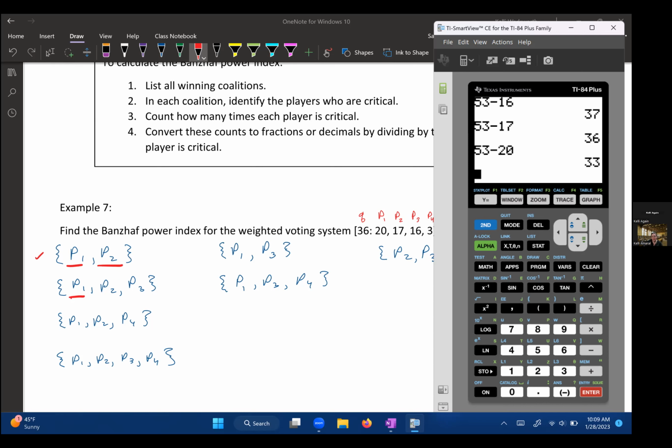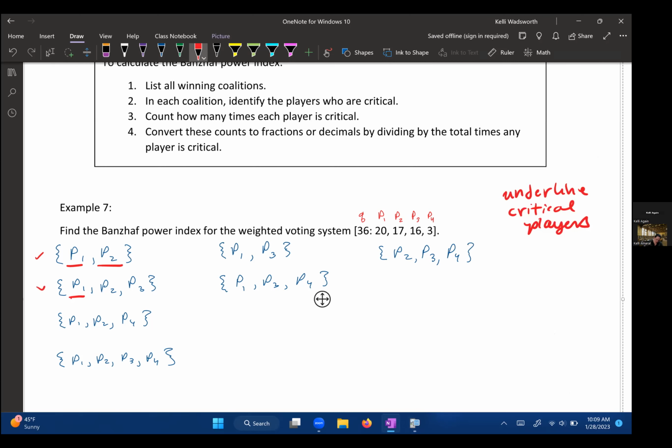But players 2 and 3 together do not make quota. So the only critical player in that one is player 1.